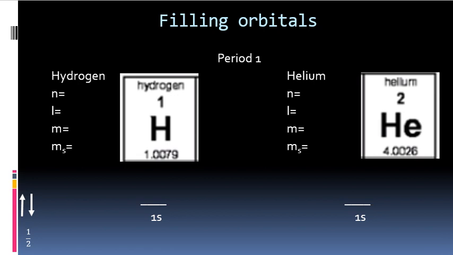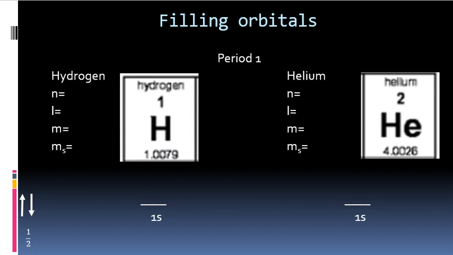subshells, filling orbitals. Now, at the bottom of the screen, I have what are the 1s orbitals. Effectively, the 1 comes from the principal quantum number, and then the s is simply the letter value of the angular momentum quantum number, where essentially if the angular momentum equals 0, then you're in an s block element.